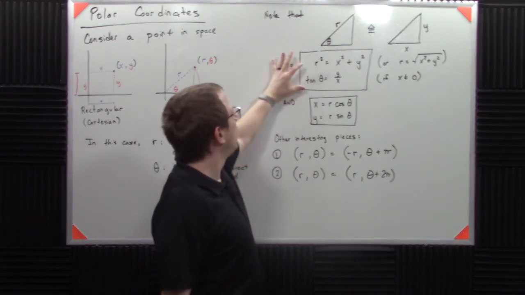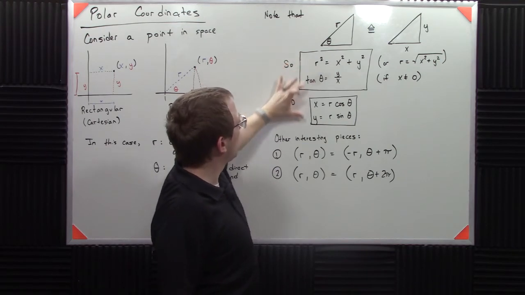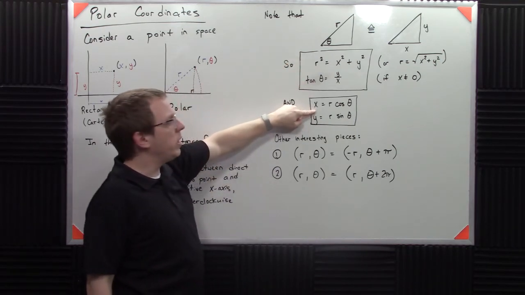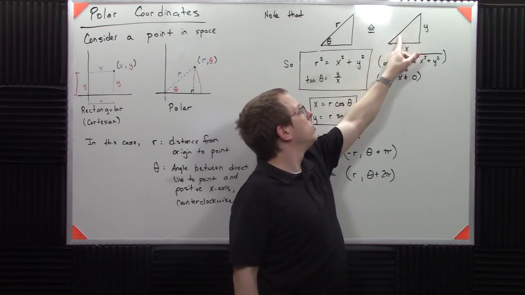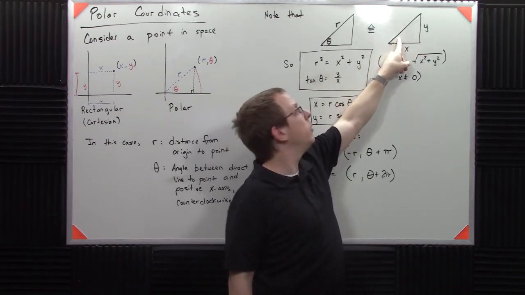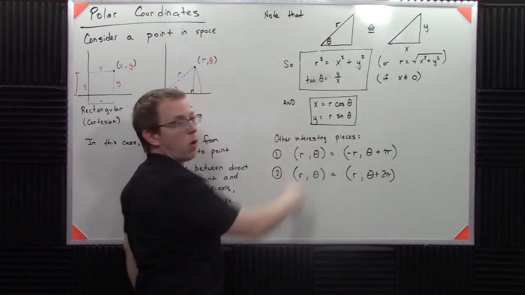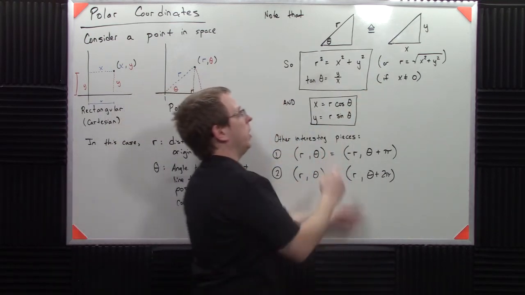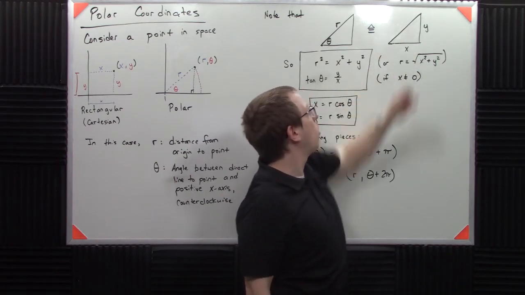Now, alternatively, we can use the same triangle. So if I said sine of theta, it would be y over r. Another way to say that is y equals r sine theta. And then if I took this theta here and I said cosine of theta, it would be x over r.